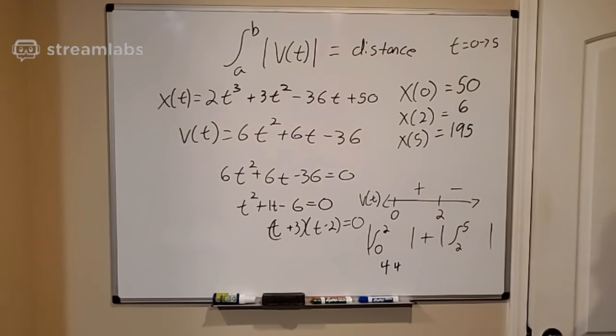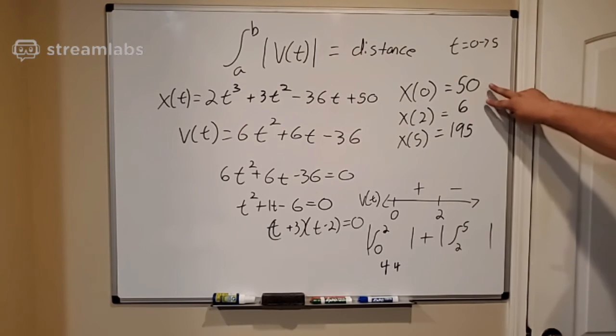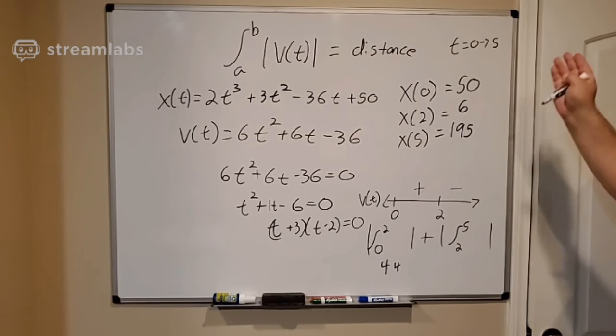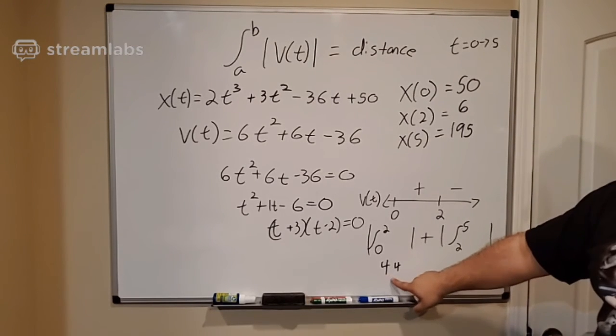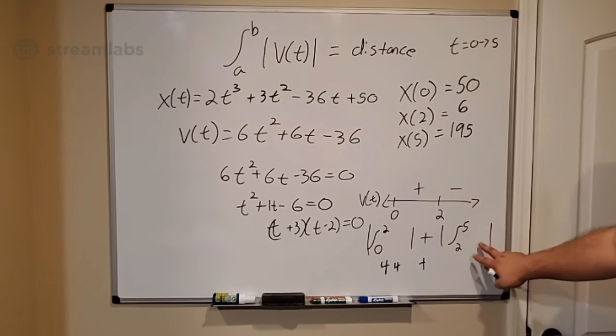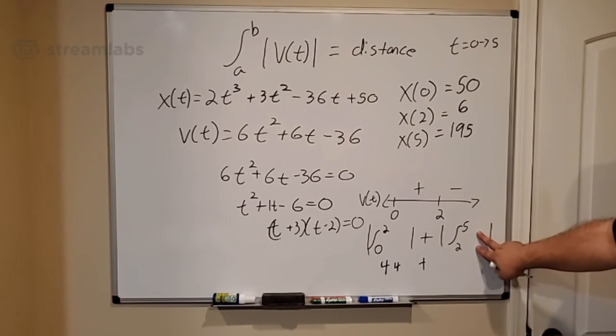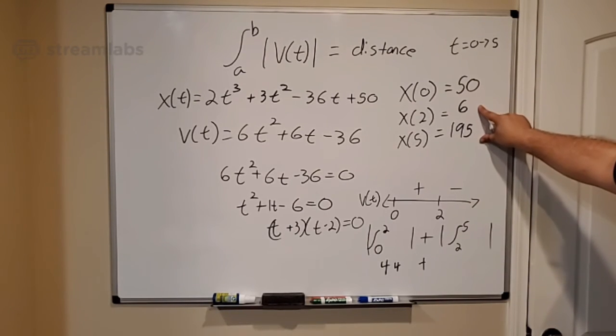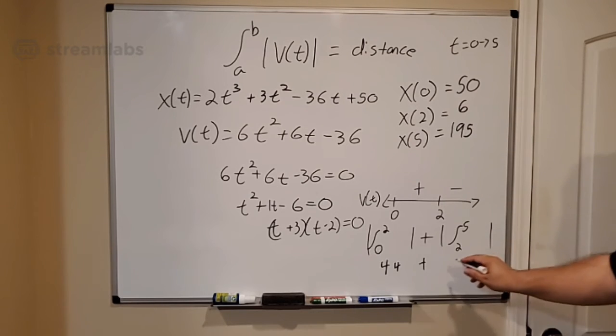So it says negative 44 because that means I went 44 whatever units to the left. But I want a distance, so I'm making it positive. Then when I do my integral from 2 to 5, I'm going to get the distance between 195 and 6. So which is what, 189? Plus 189.